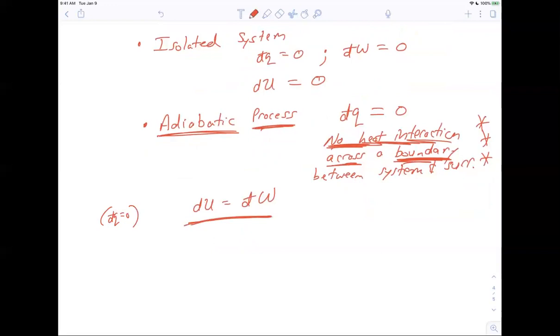From what we've discussed about the nature of u and the nature of w, does this kind of seem strange? Yeah, okay, why? Because one is path dependent and one is path independent. Exactly, that's exactly right. So you see here, u is the path independent function and w is this path dependent function.